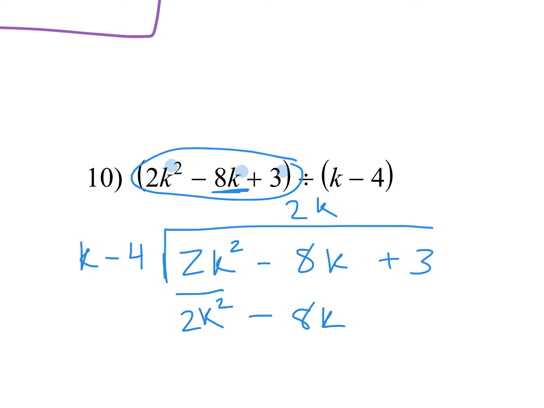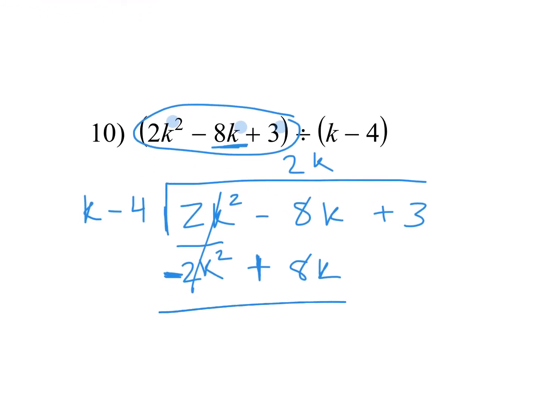What do we do next? Change the sign to make this negative. This one becomes positive. What happens to our 2k squareds? They cancel. And then what's negative 8k plus 8k? They cancel, so it's just 0k. Or you could just put 0.